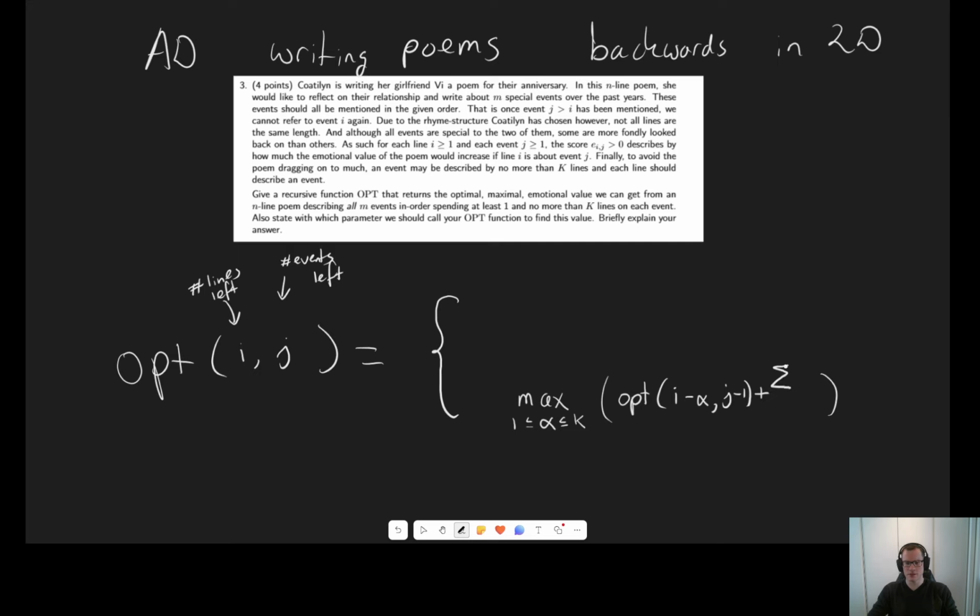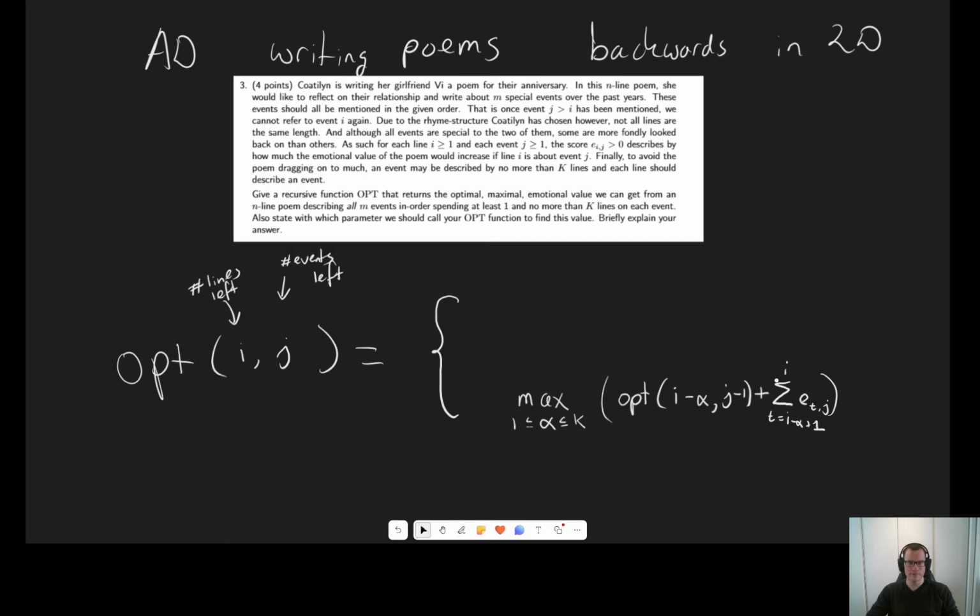I get them from, and I need another iteration variable here, let's call it t. Well, I want to add the reward for all of the lines that are now about event j. And which lines are they? They are all the lines starting from i minus alpha plus 1 up to i.